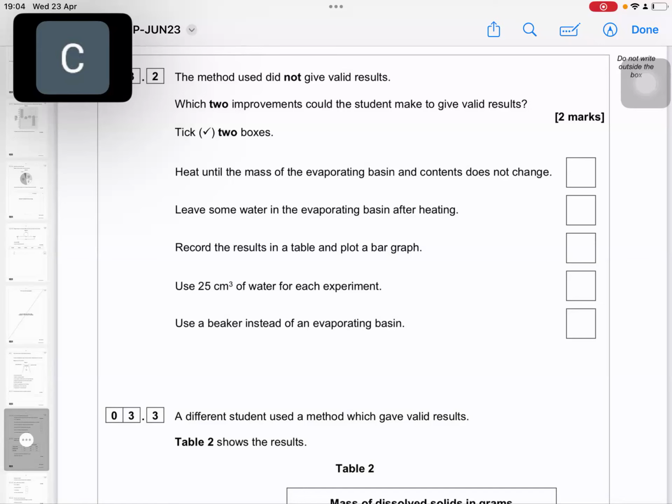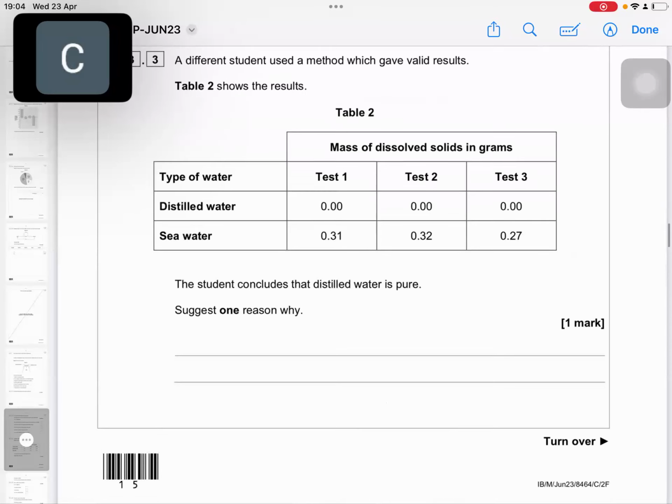A different student used a method which gave valid results. So let's look at the results that student gave. Scroll down.